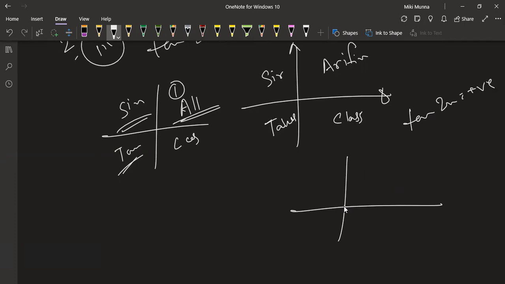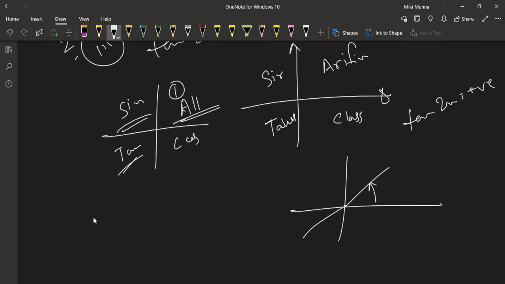Tan is positive in the first quadrant and the third quadrant, isn't it? That means this value and this value. But also consider one thing, we have got twice x. So let's see, they're asking us to find between 0 and 180. That means what? This angle is outside the range, isn't it? This is outside the range. 180 degrees, how much? Up until this part. So that means only this angle is going to be considered.